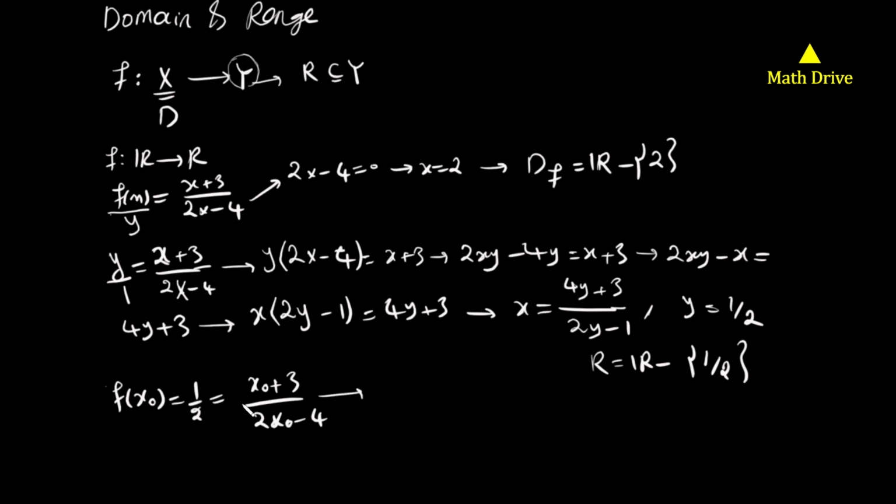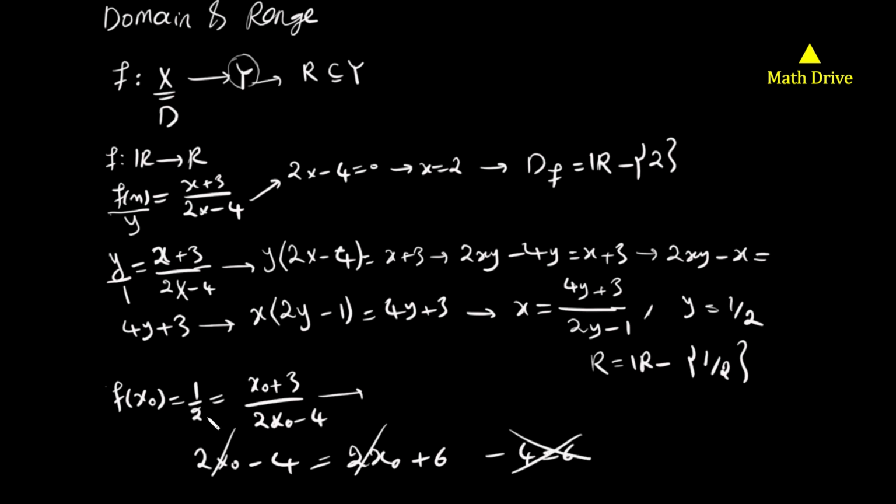If we just say top to top, bottom to bottom, it means 2x0 - 4 = 2x0 + 6. The 2x0 are the same, so meaning -4 is equal to 6, which is not possible.